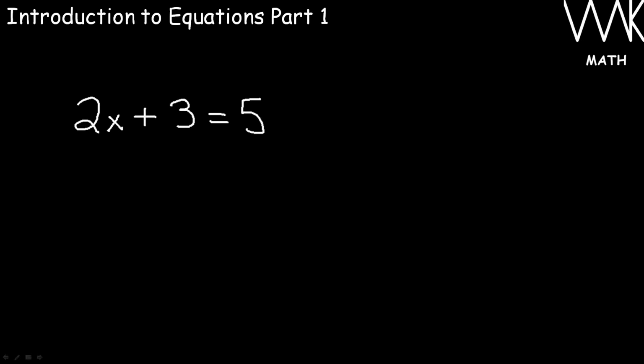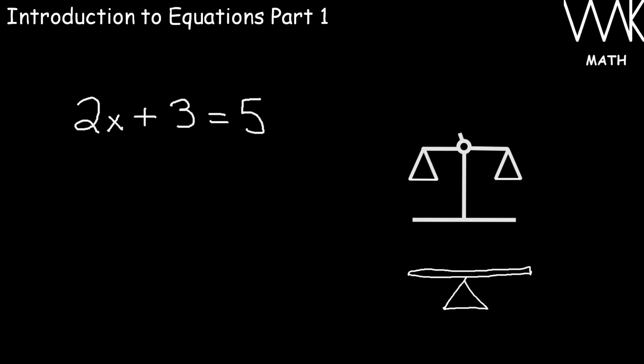Now let's carry on with some of the ideas of an equation. Here's the first idea. How can we think of an equation? What is the best way to think of equations? The best analogy I can use is that an equation is exactly like a scale balance or a seesaw.